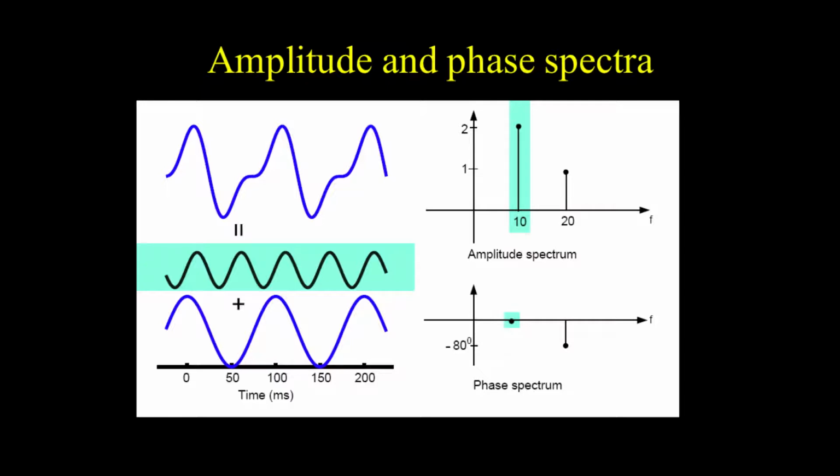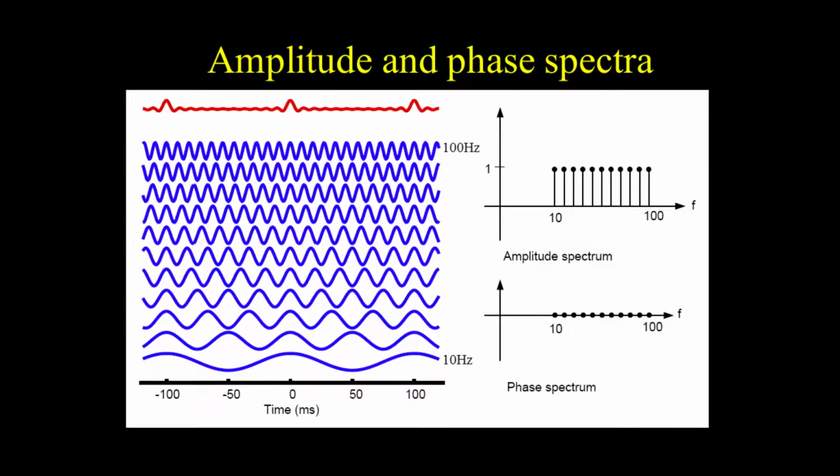In this figure, two cosine waves are added. One has a frequency of 10 Hertz, and the other has a frequency of 20 Hertz. The spectrum of the resultant signal is plotted beside the cosine waves. The phase of the 10 Hertz cosine wave has been arbitrarily set at 0.